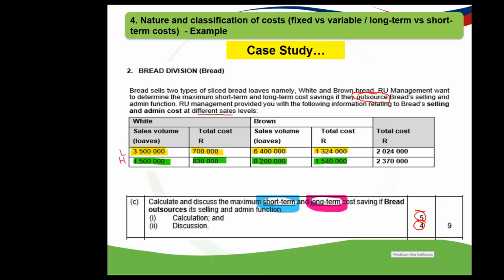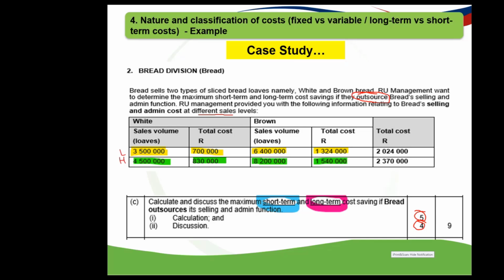I think it does, ma'am. Just to reiterate, the principle is that when you outsource some function, in the immediate term, in the short term, the variable cost will be saved, and in the long term, because you'll be able to perhaps also dispose of some of those fixed assets that were associated with that function, which is outsourced, then you will also save on the fixed cost.